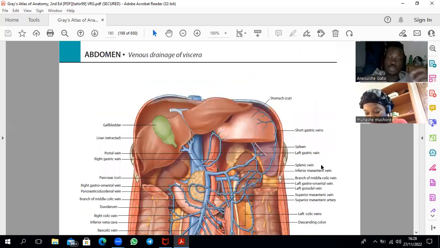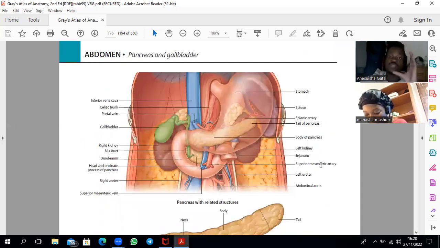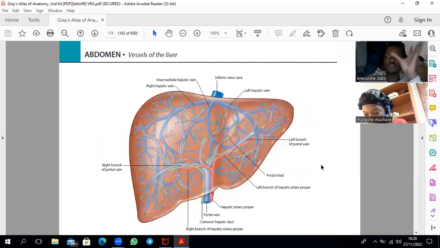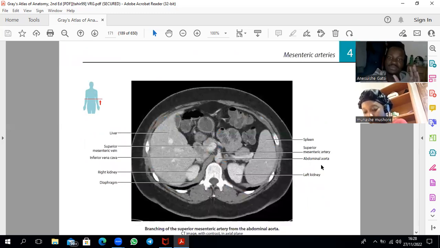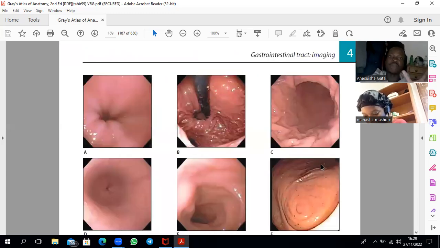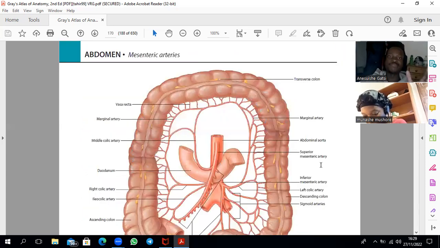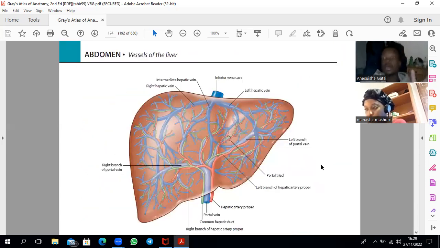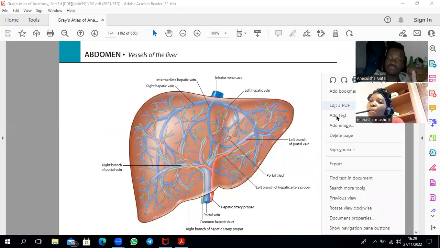Okay. So here's what happens. The pelvis, we divided it into false pelvis and true pelvis, right? Then you've come across a muscle known as pelvic diaphragm. Have you?